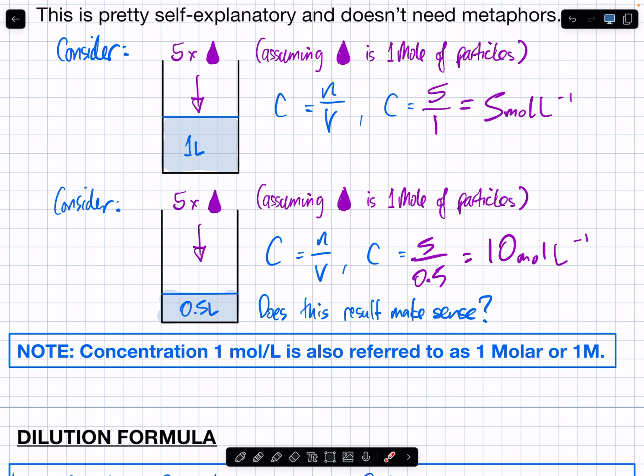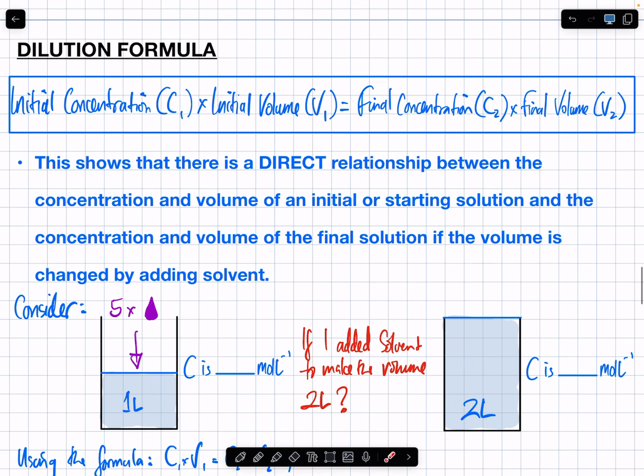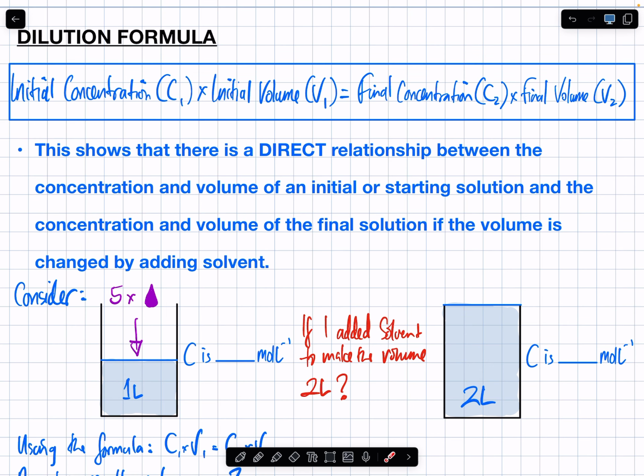So that's 2 down out of 3. Let's hit the dilution formula because we want you to practice hitting this up today. So what is the dilution formula? The initial concentration of a solution times by its initial volume is equal to the final concentration of the solution times by its final volume.